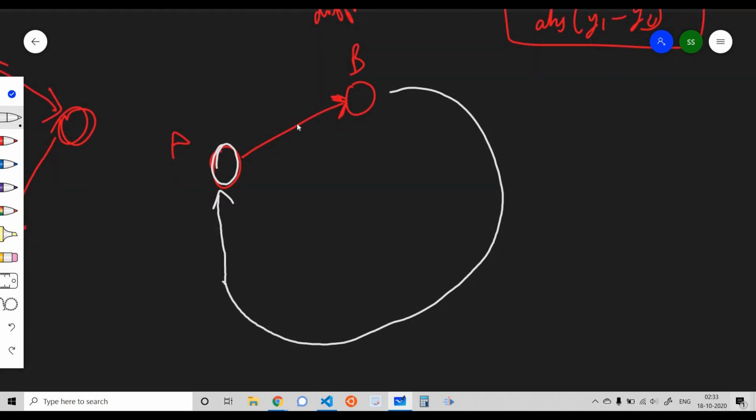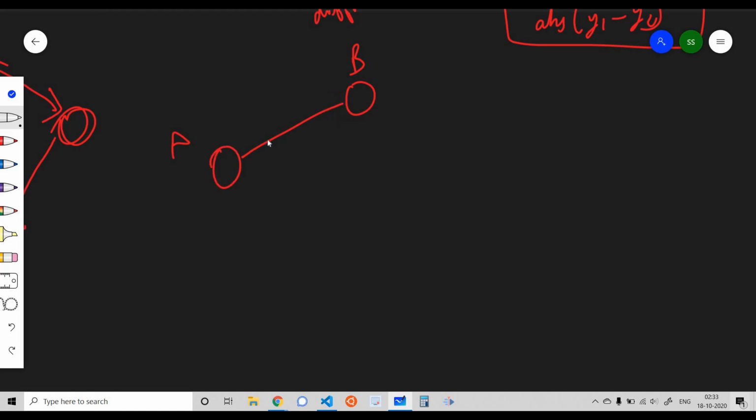And in the other case, suppose we have an edge from B to A and we have left from B, then we can only reach this B again if we have an anti-clockwise cycle in our graph.